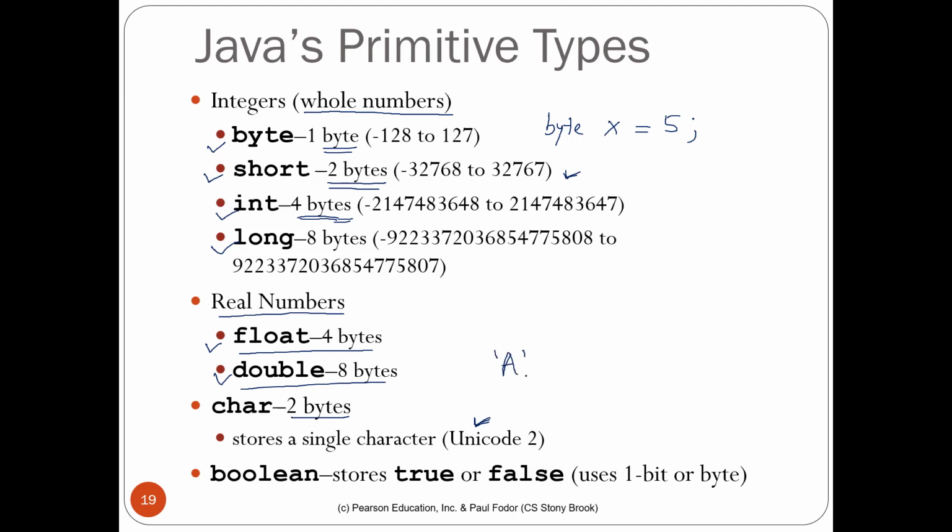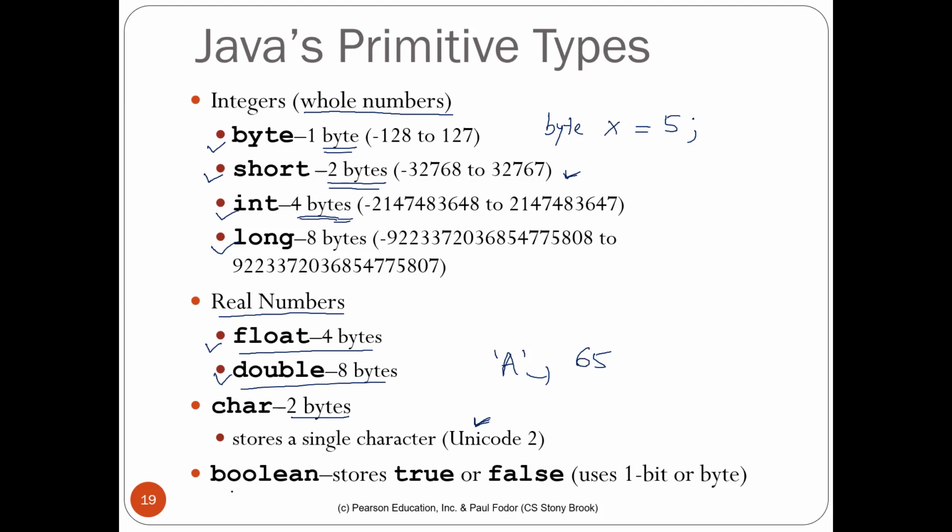The capital letter A, as far as I remember, is 65. So every character has an associated number assigned to it, which is called its code, Unicode or ASCII. We'll look into that later, but the message is that for the character data type you will need 2 bytes.